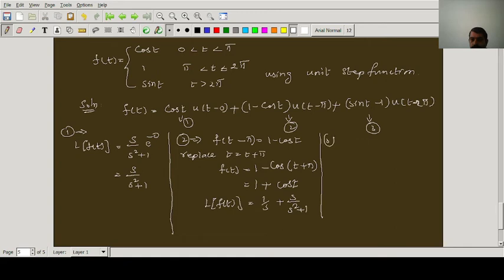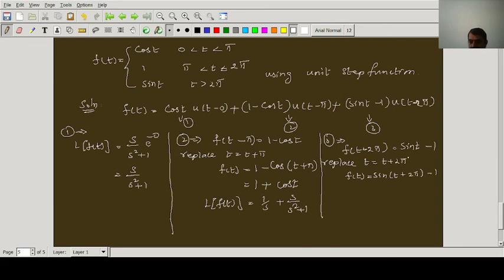Third one. Here t minus 2 pi is there, so f of t minus 2 pi is nothing but sin t minus 1. So what must we do? We must replace t with t plus 2 pi. So here this becomes f of t. Now on the right-hand side, sin t can be written as sin of t plus 2 pi, minus 1.